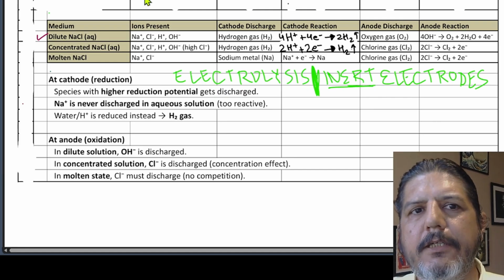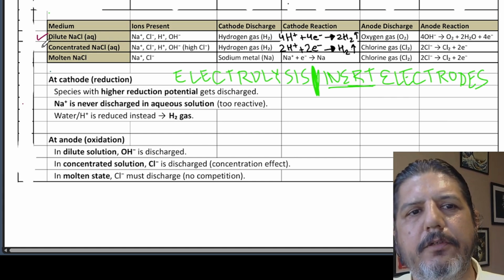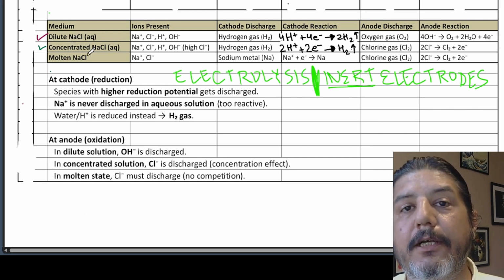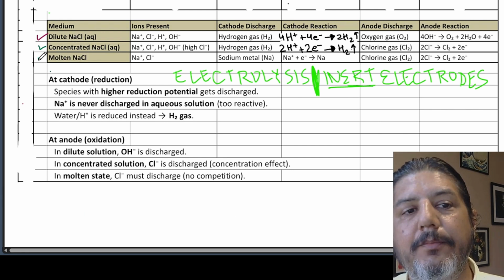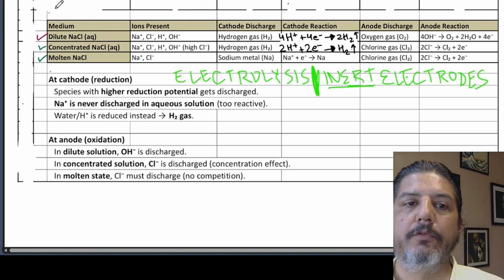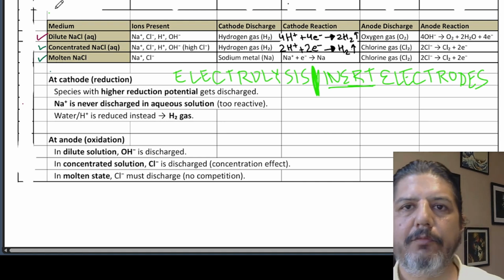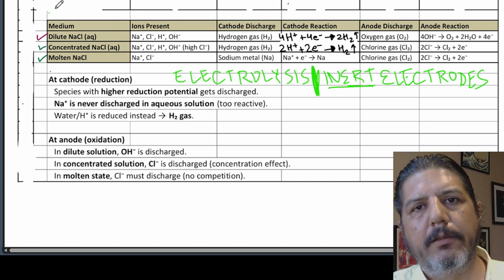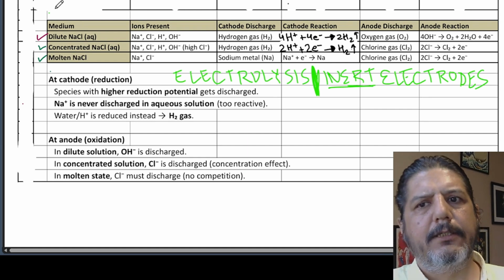So in this sheet, I've taken the 3 cases: the electrolysis of dilute NaCl, I'm comparing it with electrolysis of concentrated aqueous NaCl, and I'm comparing that with molten NaCl. So that we don't have any confusion when we look at all these 3 cases on one sheet only. Of course, the inert electrodes are there.